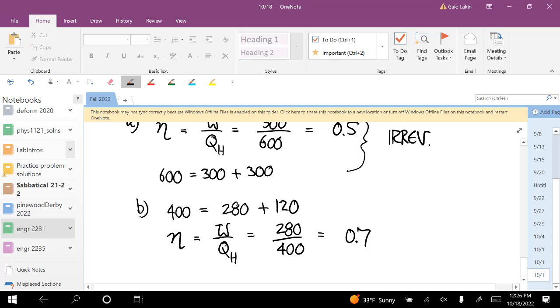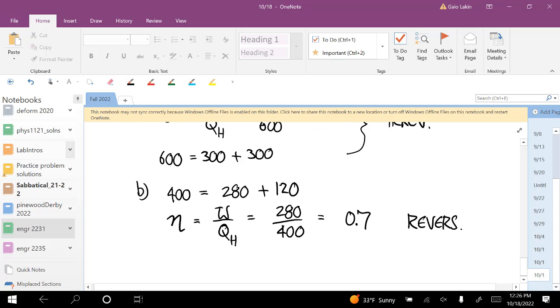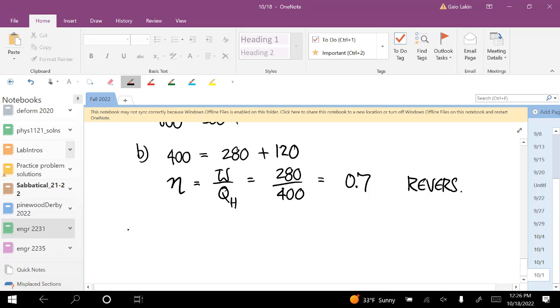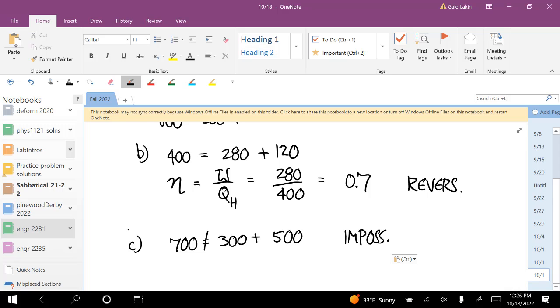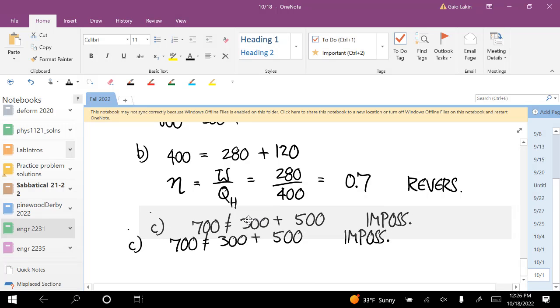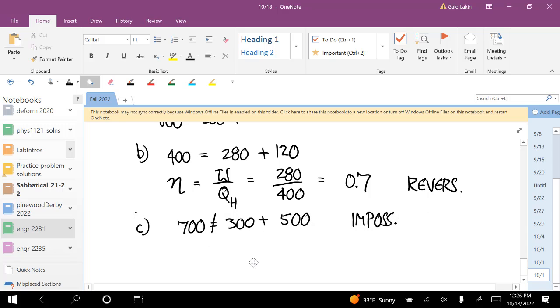So it's possible. It has the same performance as the ideal. So this is a reversible power cycle. And then the last one doesn't satisfy the first law, so you don't have to go any farther than that.